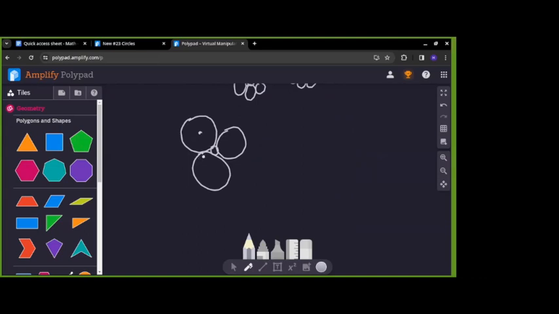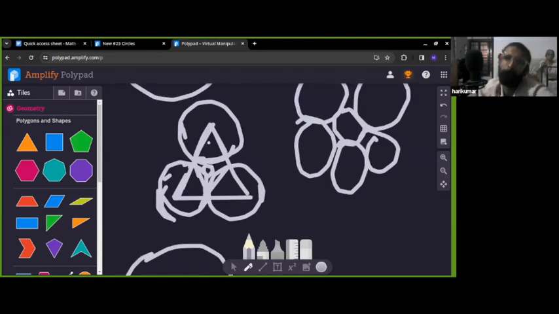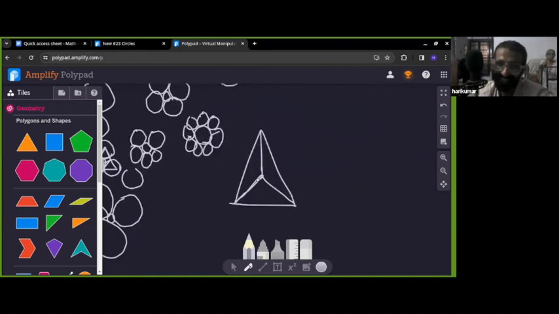I guess there might even be some standard formula for this, but we can try to work it out from first principles. So I have this thing. If I know the length of this, I'll be able to figure it out.